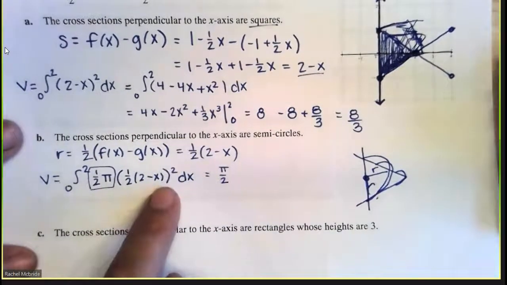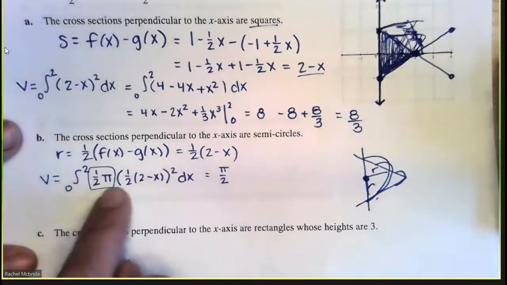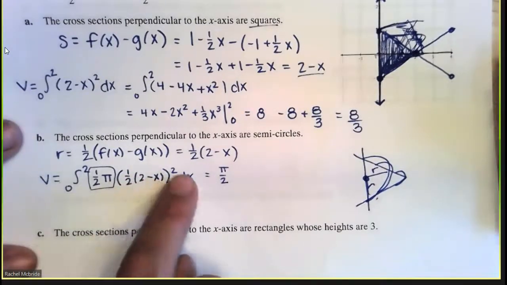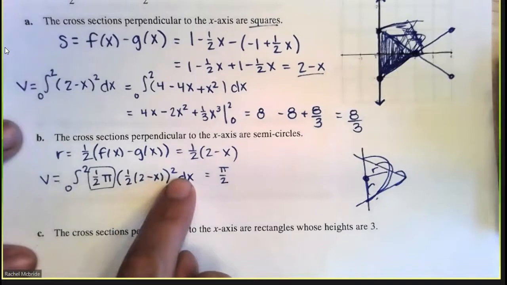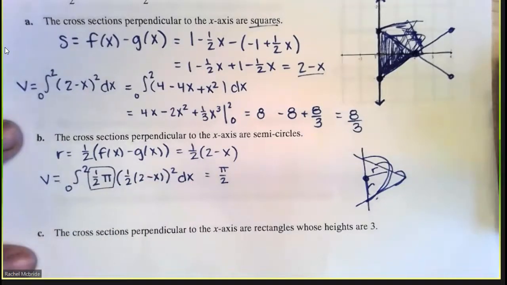And then in here, that squared is kind of distributing to all of this. Personally, I would maybe distribute that 1/2 in, just to sort of make my life a little easier.